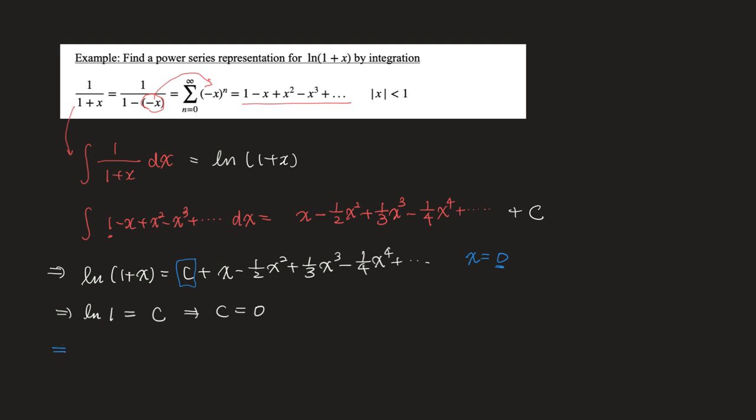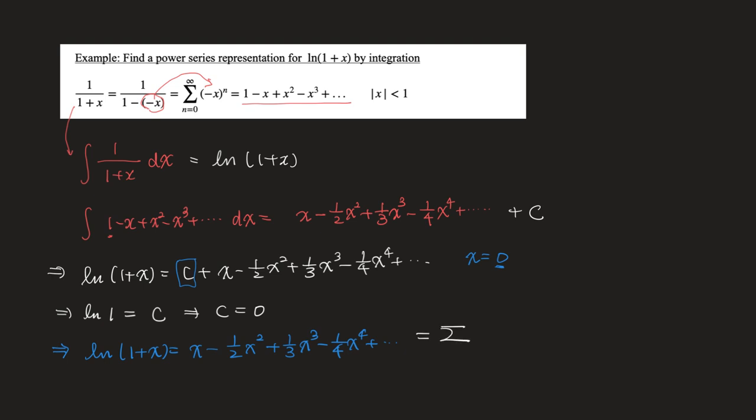Now you have the power series for ln(1 plus x): x minus 1 over 2 x squared plus 1 over 3 x cubed minus 1 over 4 x to the fourth. Let's write summation notation.